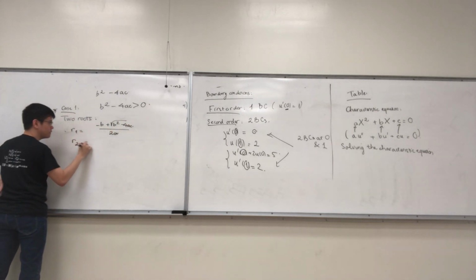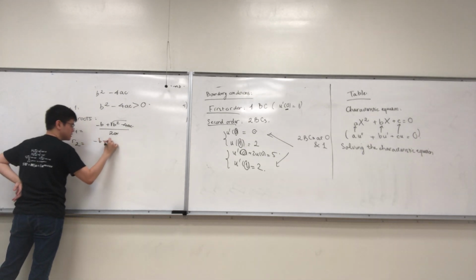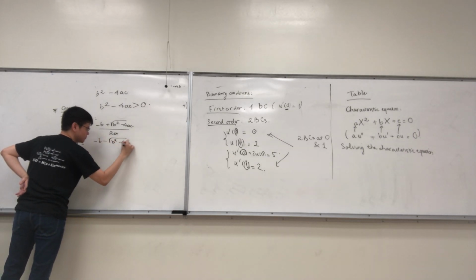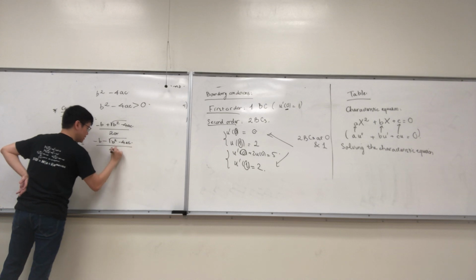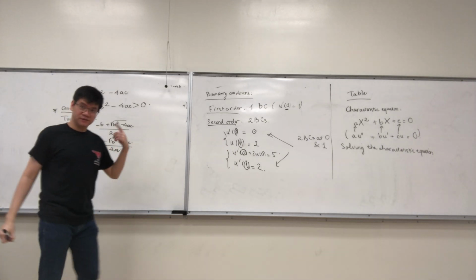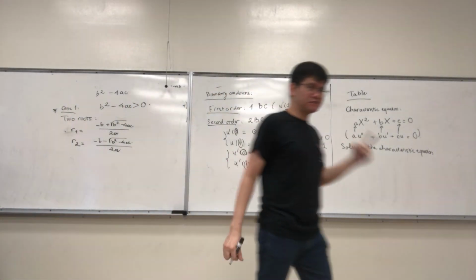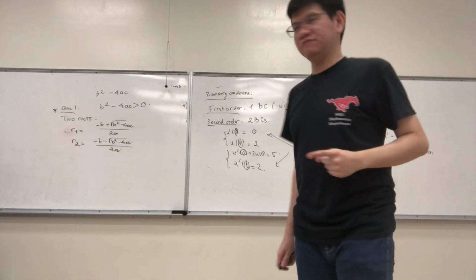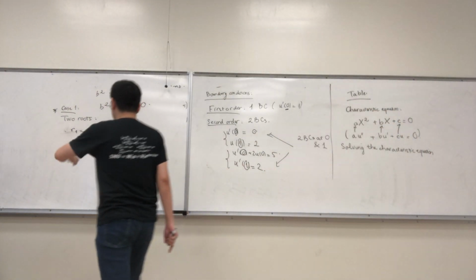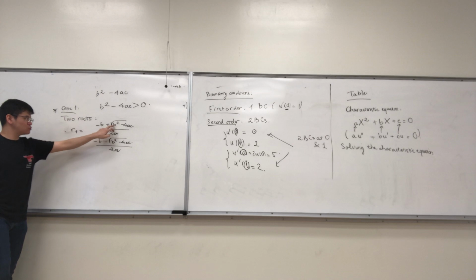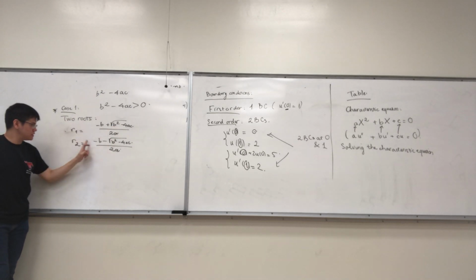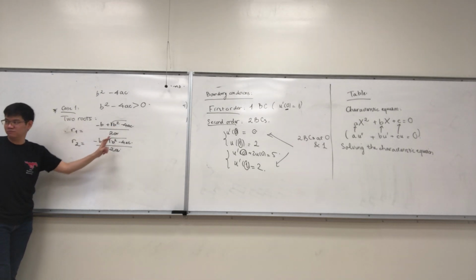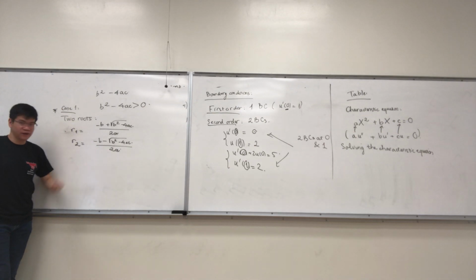And r2 will be minus b minus the square root of b squared minus 4ac over 2a. Alright? Is it clear? So if b squared minus 4ac is strictly positive, you're going to have two roots.